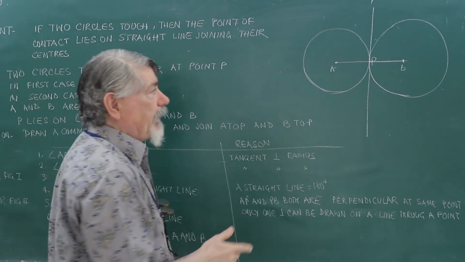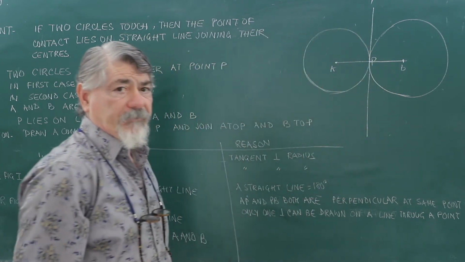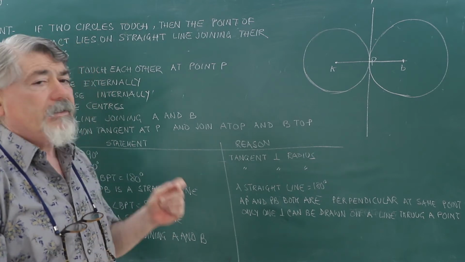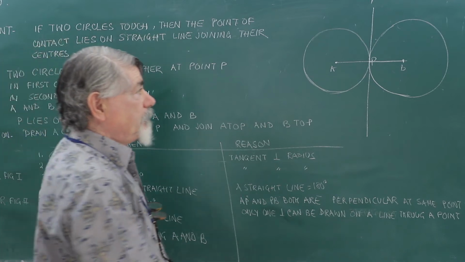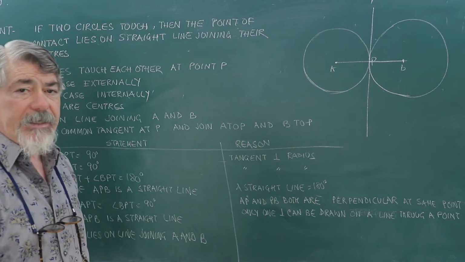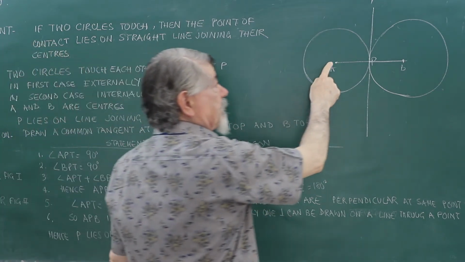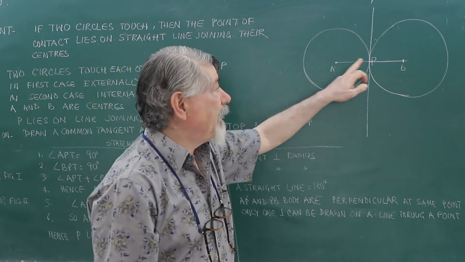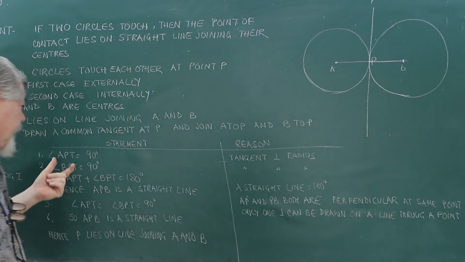And if I add up APT plus BPT, what will I get? 90 plus 90, which is equal to 180 degrees. That means this angle APB becomes how much? 180 degrees. If it becomes 180 degrees, that means APB is a straight line. So P will lie on the straight line joining A and B. That is what we have said.